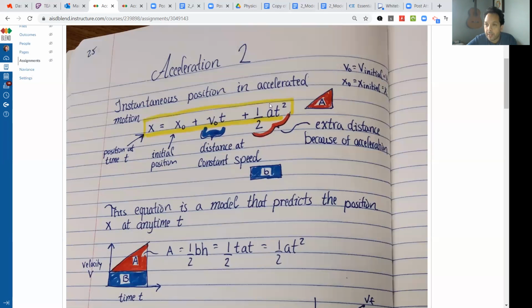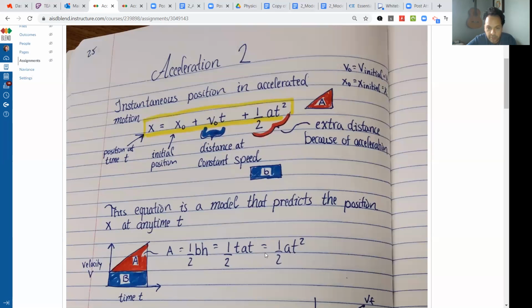And you can even recognize the formula for the area of a triangle, right? 1/2 base times height. So here is 1/2 base times height. We see 1/2 the base, which is time, and then velocity is acceleration times time.